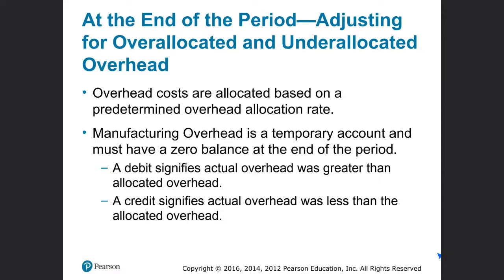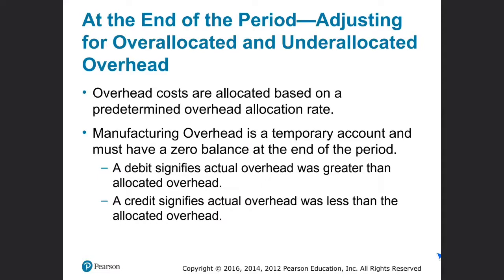Let's say our year end is December 31st. The temporary account needs to have a zero balance at December 31st. But then we're probably going to have that same account again on January 1, but it's going to start with a zero balance. So the temporary accounts must have a zero balance at the end of the period.